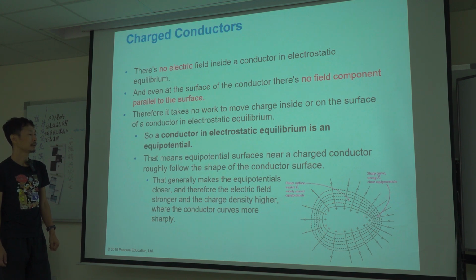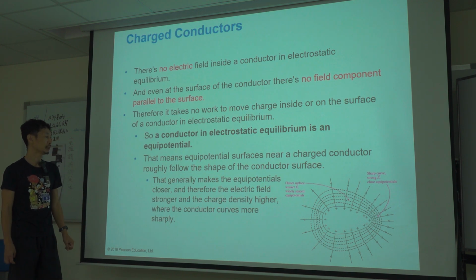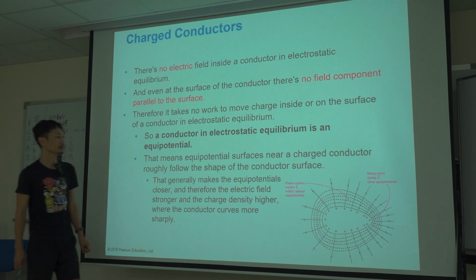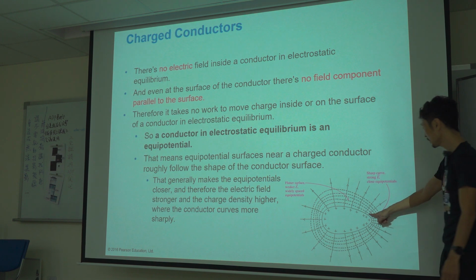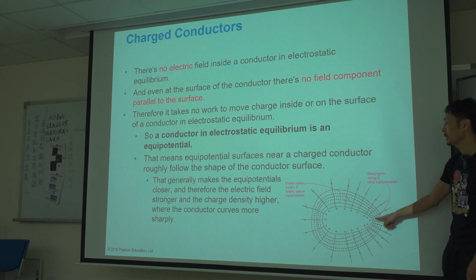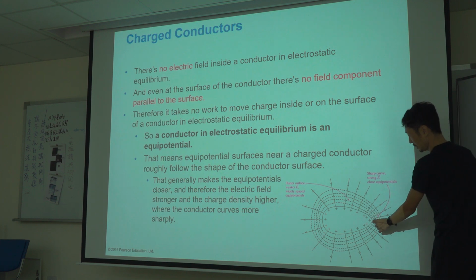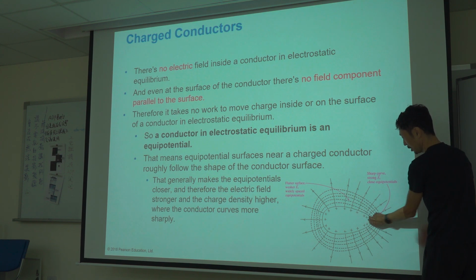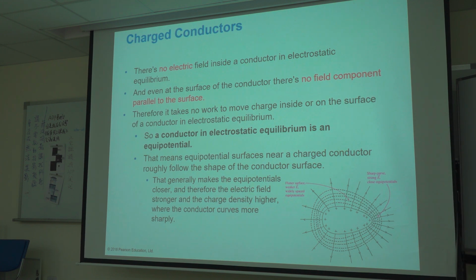That generally makes the equipotential lines closer. Say look at the peak here. If there's a sharp peak, then the equipotential is going to get closer here because it's sharp. That means the electric field is stronger and the charge density is higher.